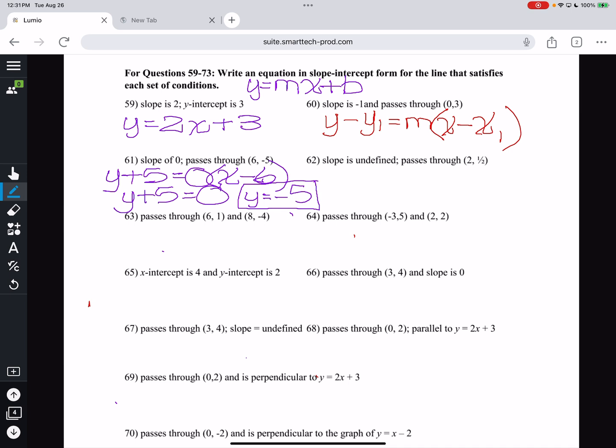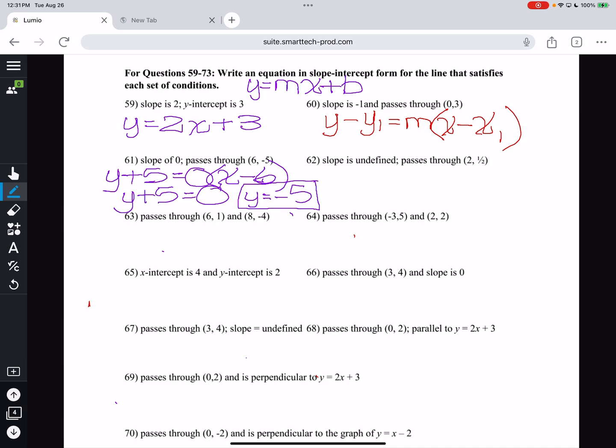It doesn't make an algebraic equation because the denominator is always what number? 0. But what does it cross on the graph? What axis? The x. So if the slope is undefined, you go to the ordered pair and use the x value. There's no number that represents undefined.